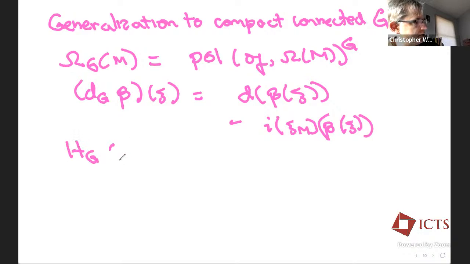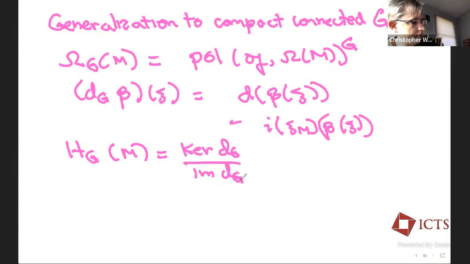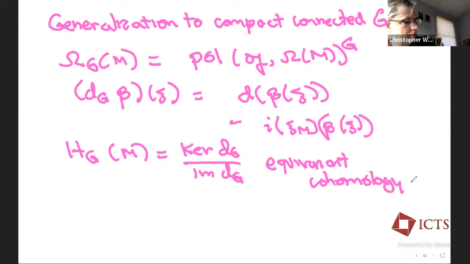And so then this operator squares to 0, and H_G(M) is the kernel of dG modulo the image. So this is the equivariant cohomology of M.